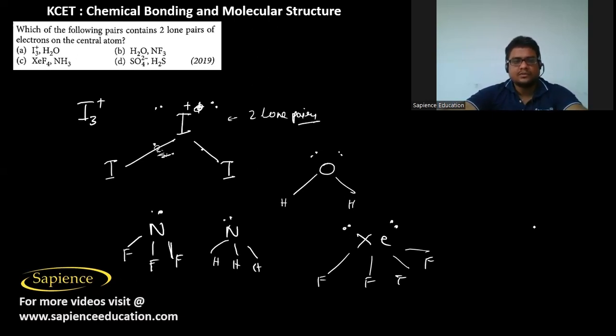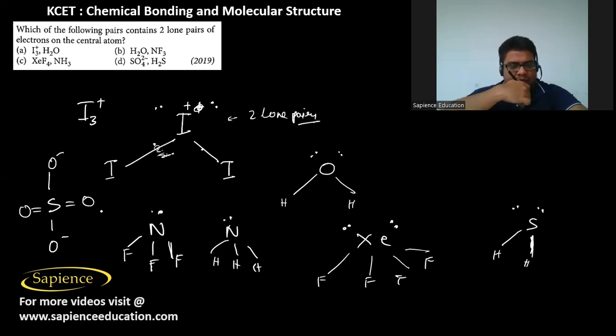In case of H2S also, it has got two lone pairs on the central atom. In case of SO4 2 minus, 1, 2, 3, 4, 5, 6, SO4 2 minus, here it has got no lone pairs on the central atom.